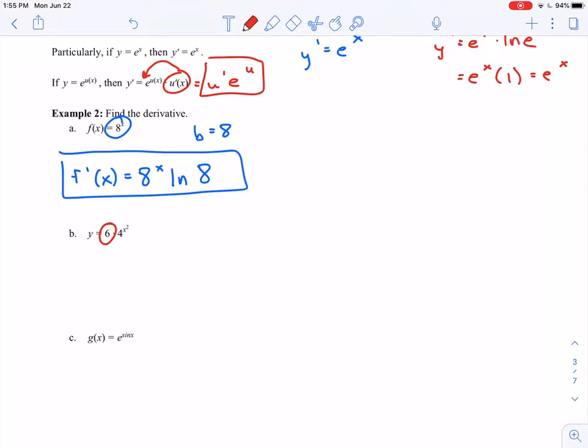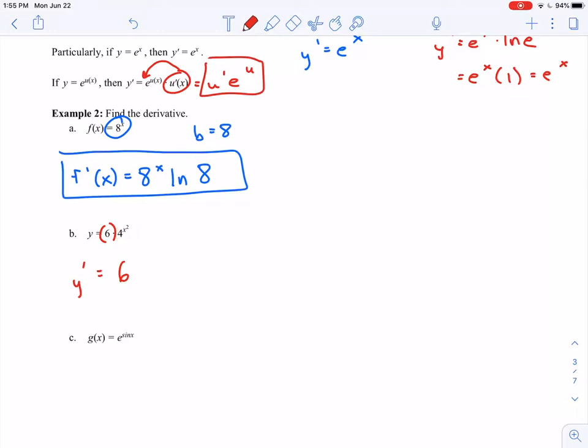It looks like it's going to impact our problem, but remember that this is just a constant multiple, which means when I go to take my derivative, that 6, that constant multiple, just comes down to my next step. So that 6 actually isn't going to play a big part in my derivative. What will play a big part here is this 4 to the x squared power.